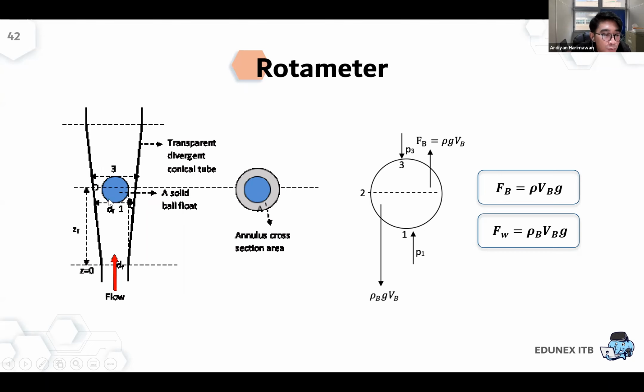If you increase the flow, the ball will go up, but again it will remain static at a certain point. So this is the application of not Bernoulli, but the buoyancy principle.